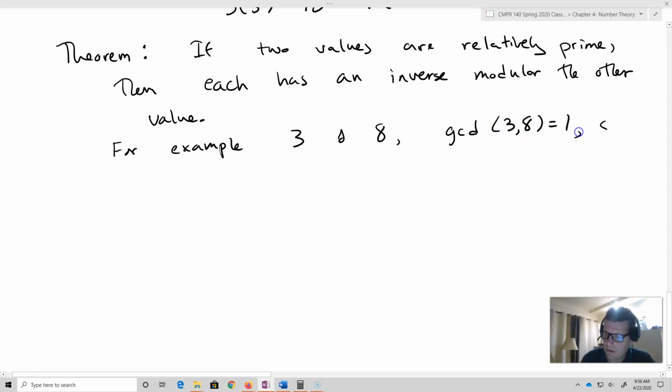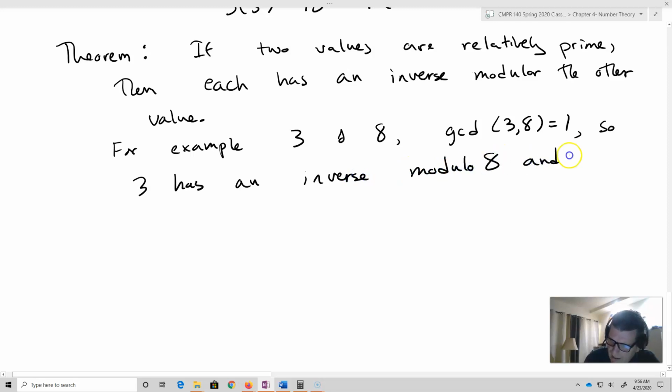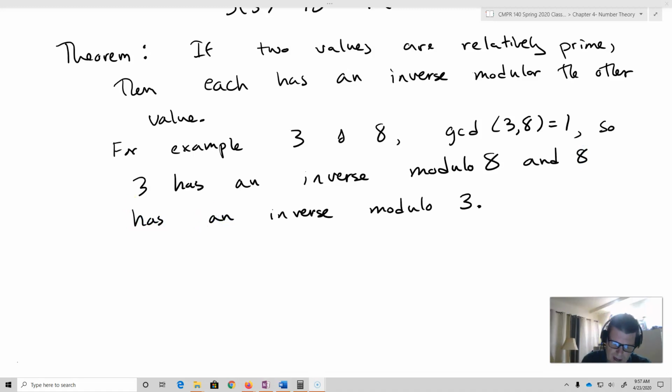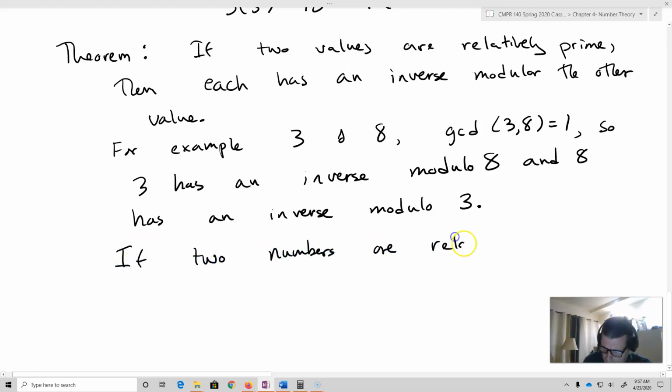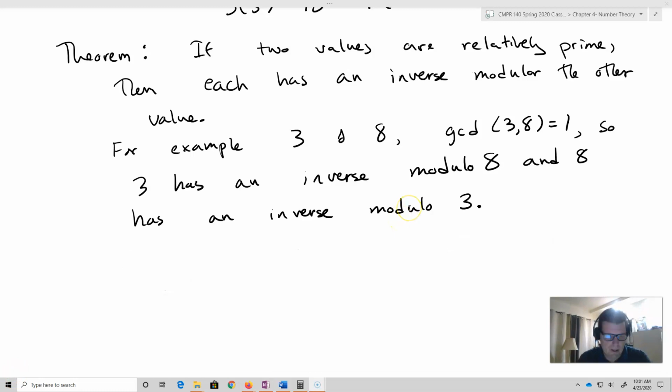So 3 has an inverse modulo 8, and 8 has an inverse modulo 3, because if two numbers are relatively prime, the reason this is true has to do with linear combinations.